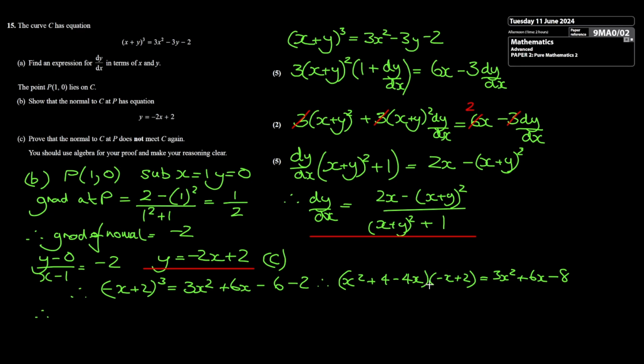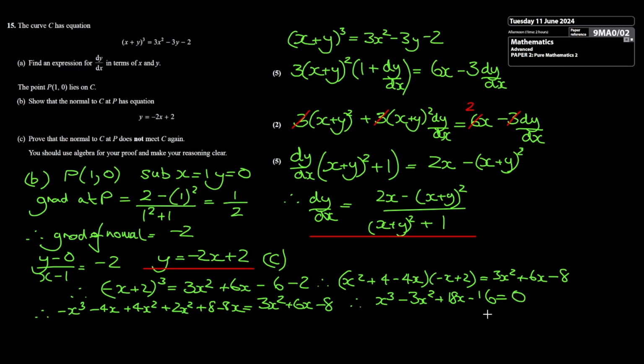So therefore, multiplying this bracket by negative x, I get negative x cubed minus 4x plus 4x squared plus 2x squared plus 8 minus 8x, and that is equal to the right hand side, which is 3x squared plus 6x minus 8. Pulling this all together, I get x cubed minus 3x squared plus 18x minus 16 is equal to 0.